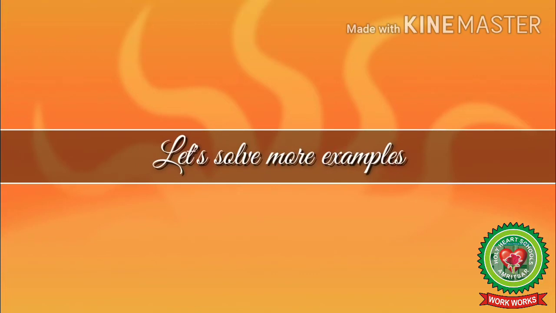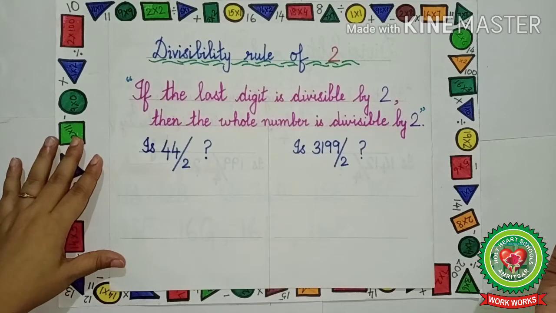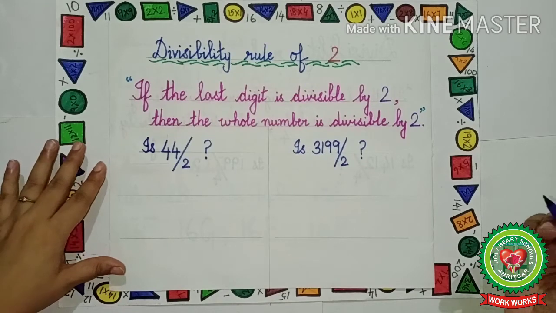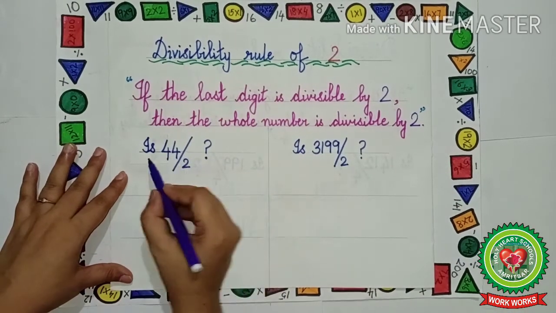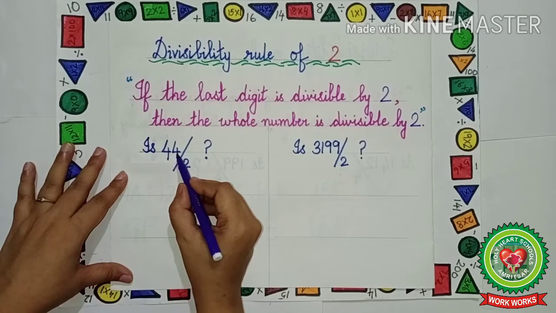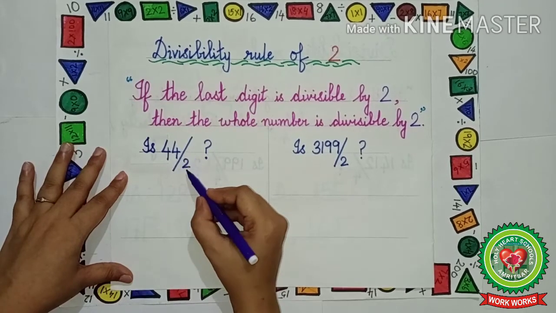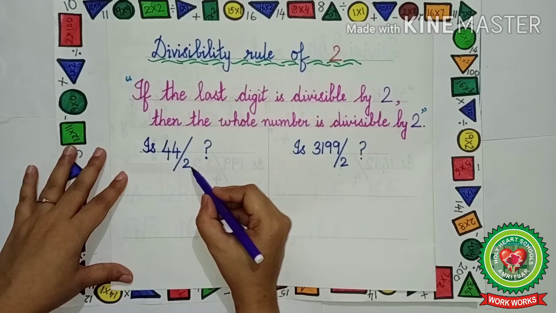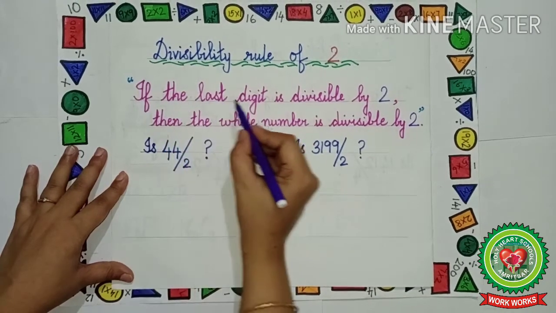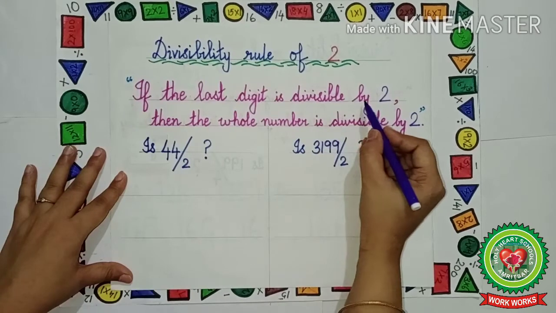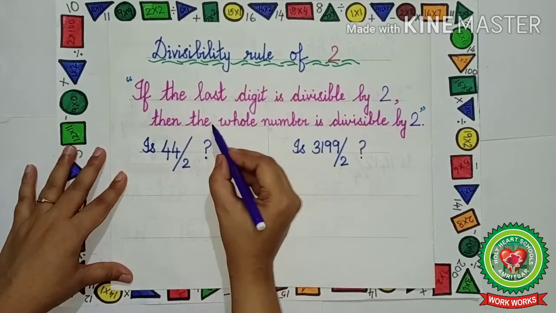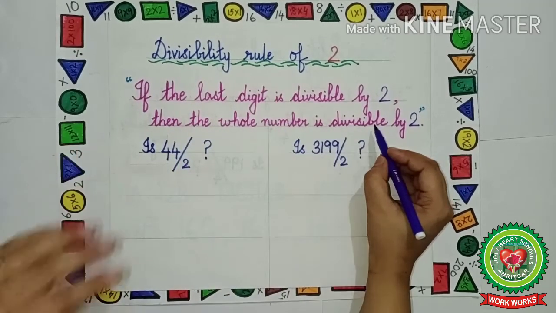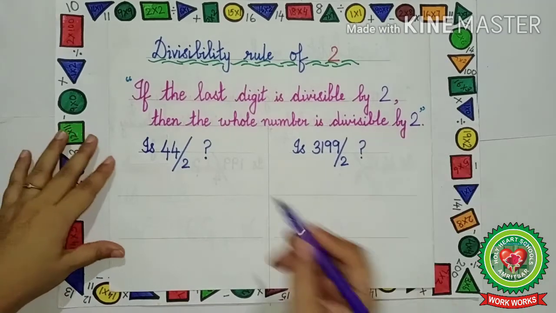Now, let us solve some examples. Look at the first question. Is 44 divisible by 2? Now, what is the rule of 2 that we have learned? If the last digit is divisible by 2, then the whole number is divisible by 2.